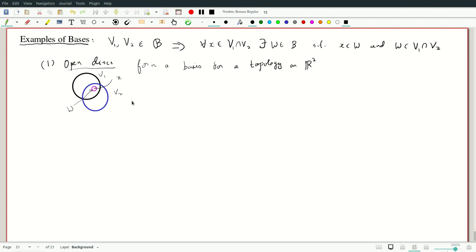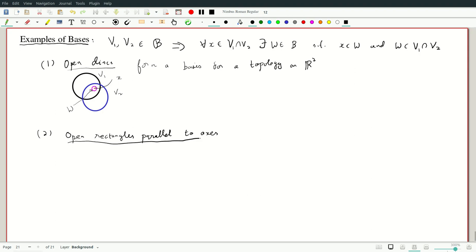Here's a second example: open rectangles. I could also take open squares, I could take diamonds, I could take lots of things, but let's say open rectangles, in fact I can specifically look at just open rectangles parallel to the axis.